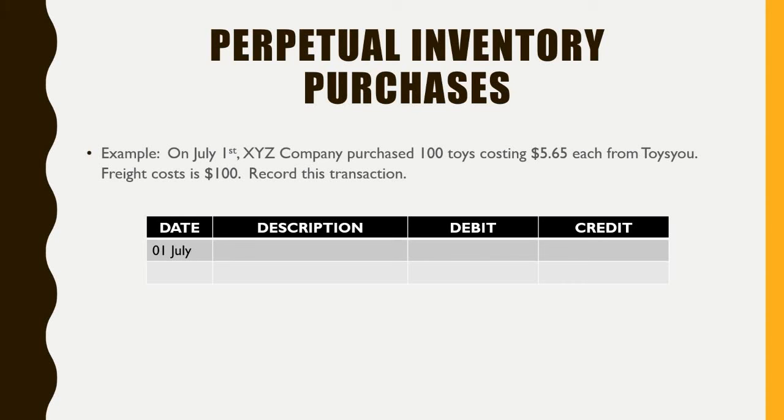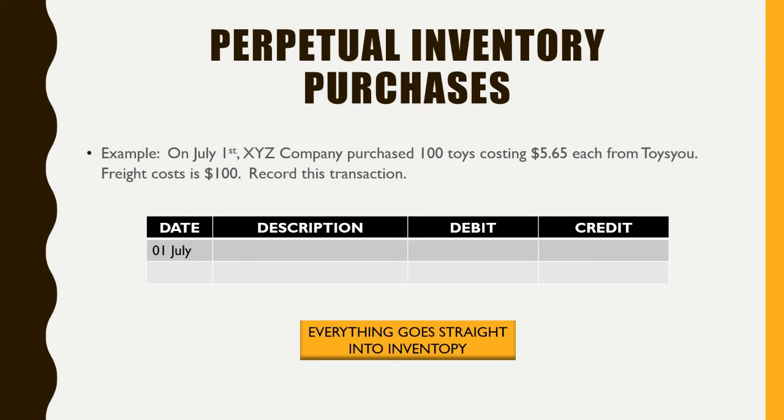Now, in this case, we're going to be introducing what's called your inventory. If we know that everything is going to go straight into inventory, that means any extra cost, any freight, any shipping, any tax, any storage fees, anything that's involved with the inventory, we're going to shove it into one inventory account.